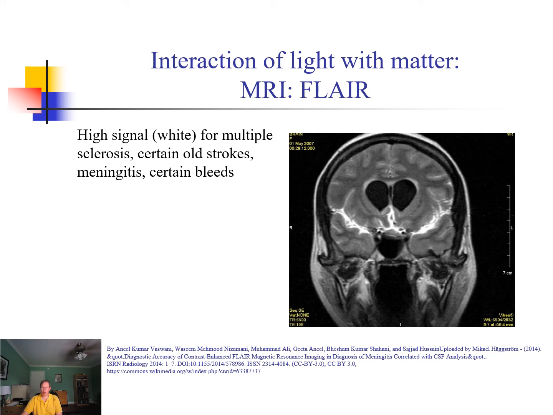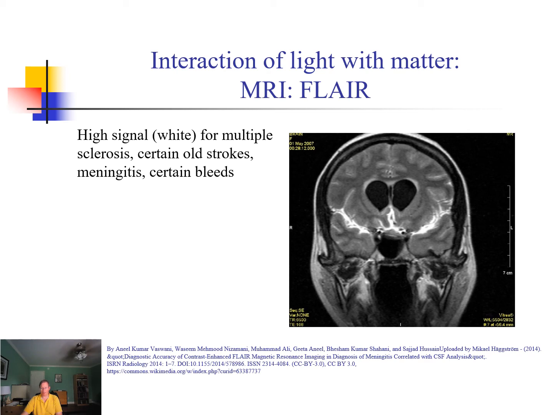Sometimes you want to use inversion recoveries. This FLAIR is a way of sort of hanging out your dirty laundry, so to say. It's a good way of showing if there's some problem going on. This portion right here is actually in the tentorium, and this is where there's a layer of meninges over here.